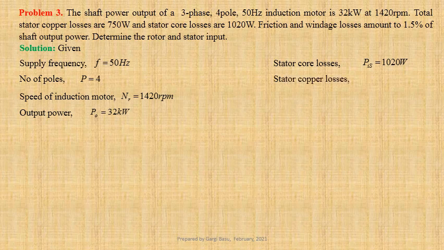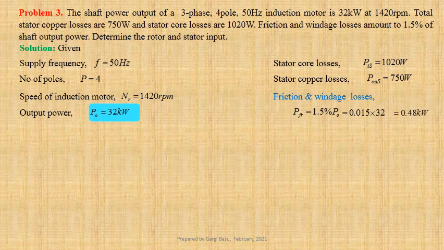Stator copper losses P copper S equals 750 watt. Friction and windage losses P_FR equals 1.5% of Po, that is equal to 0.015 into 32, that gives us 0.48 kilowatt.